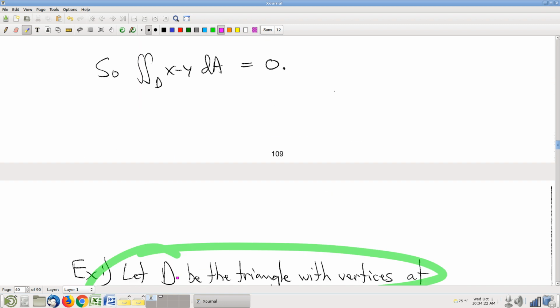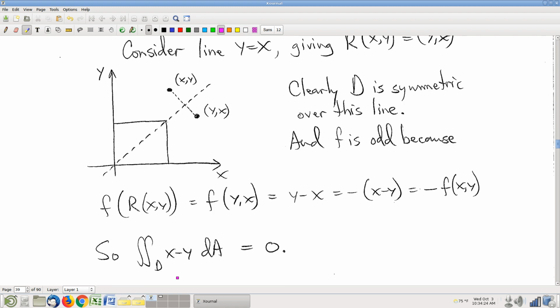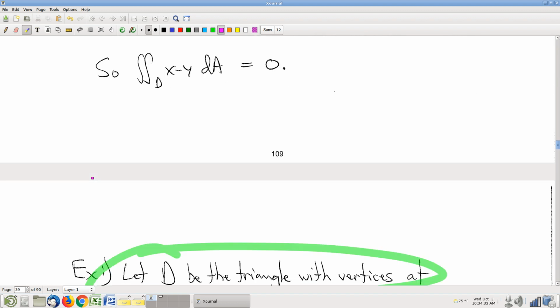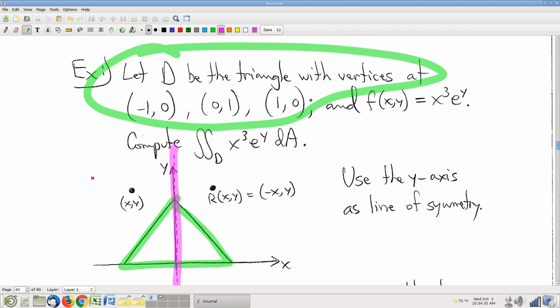Back when we were looking at the square, we had a bunch of potential lines, maybe this line, maybe that line, whatever. Here, we only have one candidate line because of the very few symmetries that the domain has.